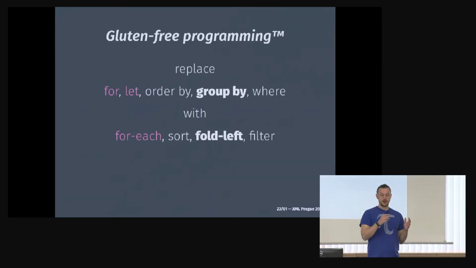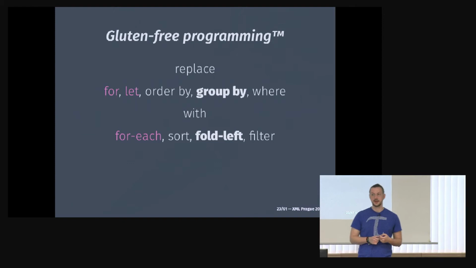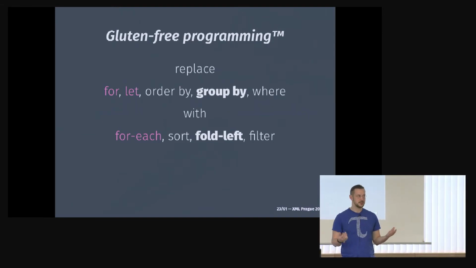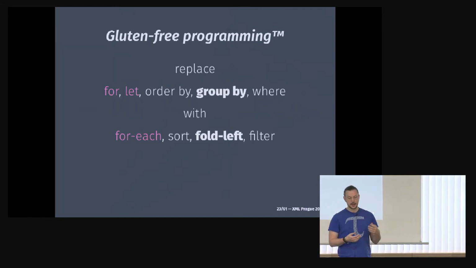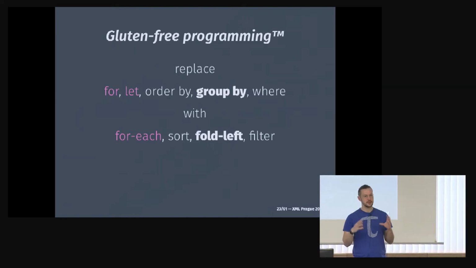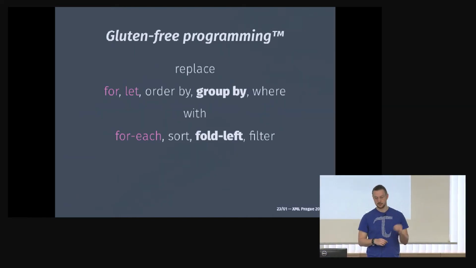So, how do I do it? For and let can be replaced by for each, in that sense that for obviously iterates over something, and let just adds some new values to each item. So in for each I can do that. Both are replaceable by for each.